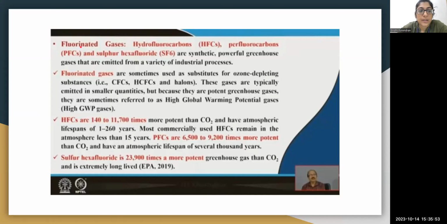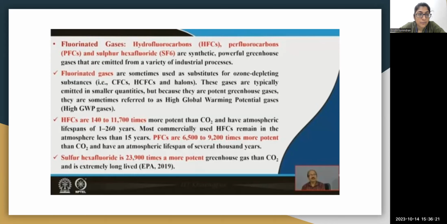If you see here, there are fluorinated gases. Earlier, there were chlorofluorocarbons, hydrochlorofluorocarbons, and halogens, which are released from air conditioners and refrigerants as exhaust gas, and these were resulting in ozone depletion. These substances were replaced by fluorinated gases, which are also very powerful greenhouse gases.